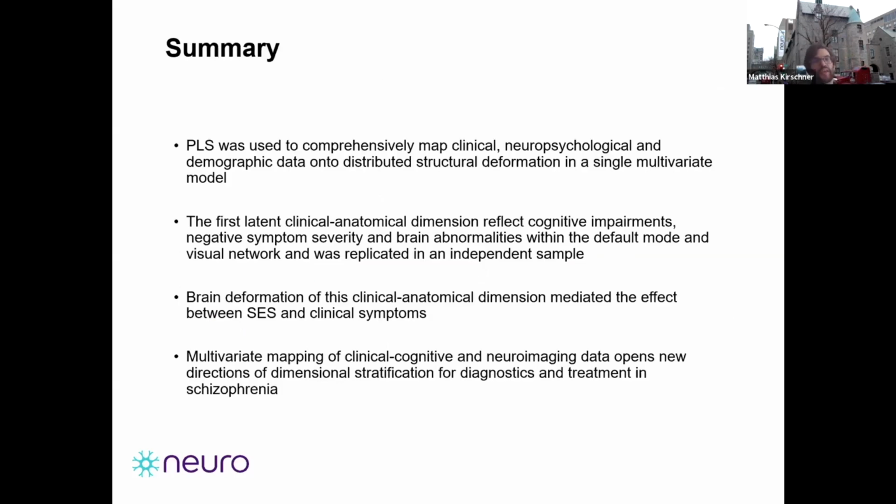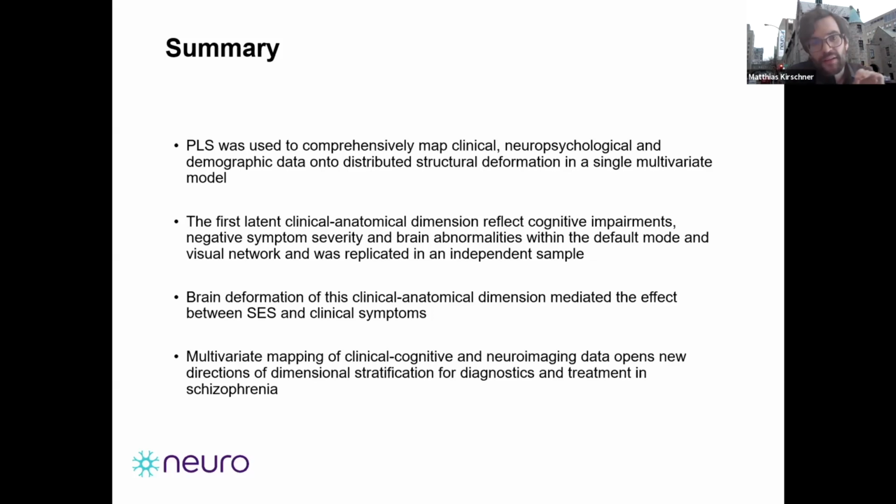So I come to the end of this short presentation, and let me summarize briefly our findings. In our current project, we used partial least squares to comprehensively map clinical, neuropsychological, and demographic data onto distributed structural deformation in a single multivariate model.